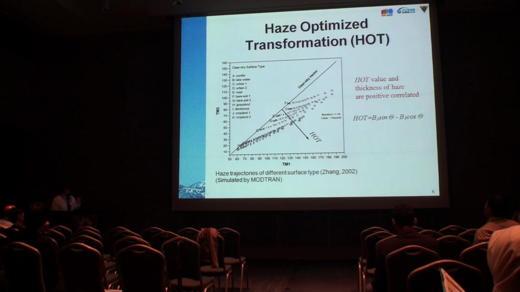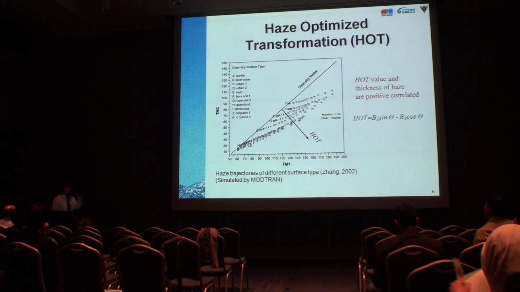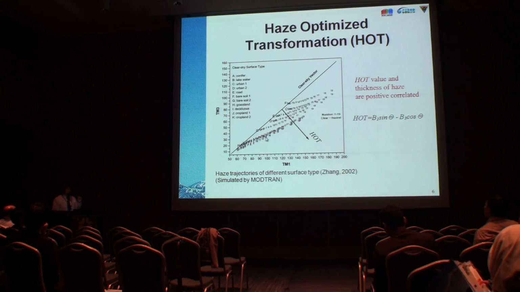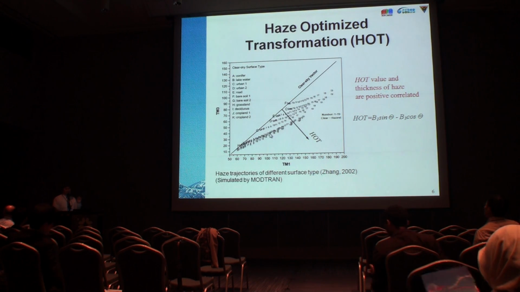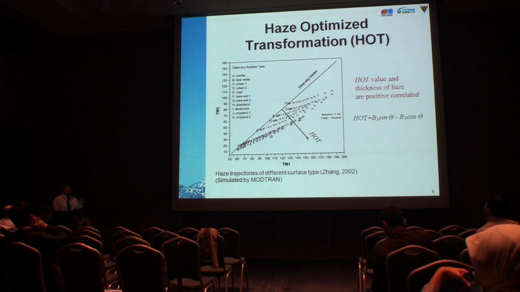I mean, for certain classes, when the haze increases, the trajectory will move like this, because the radiance for haze is different for different wavelengths.